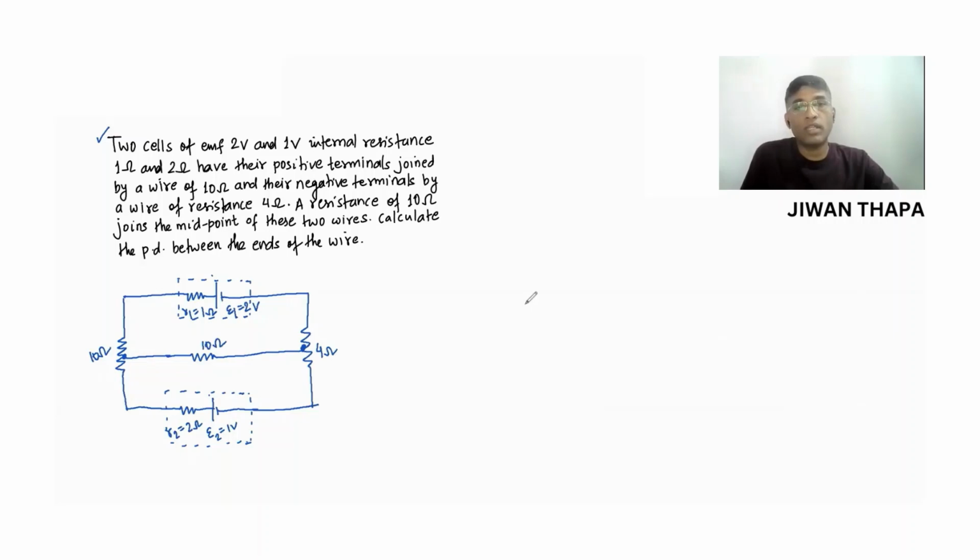10 ohm. Now we are asked to calculate the PD between the ends of the wire. We are asked to find the potential difference between these two ends. So we can redraw this diagram in this way.